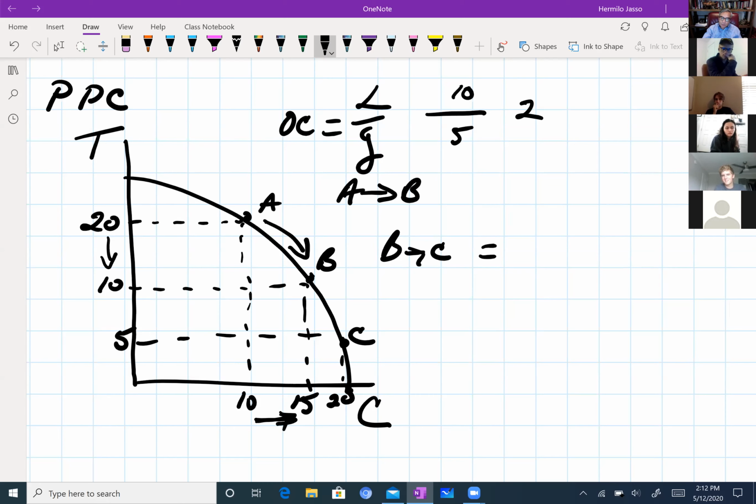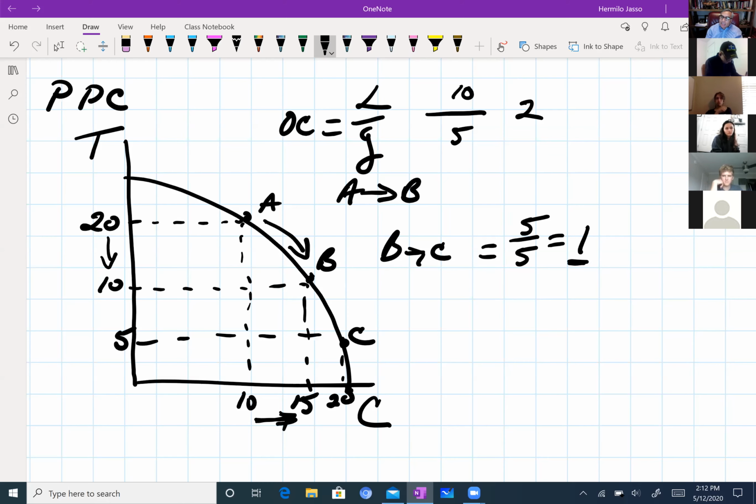What did I lose? Guys, I need participation. You lost 5 tanks and you gained 5 cars, so your opportunity cost is 1. Exactly. So what does that number 1 mean? That for every 1 unit that I gain, I lose 1 unit of what I let go. And that's my opportunity cost, a measure of your loss over your gain.